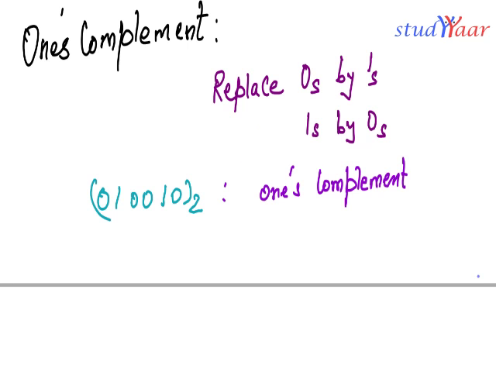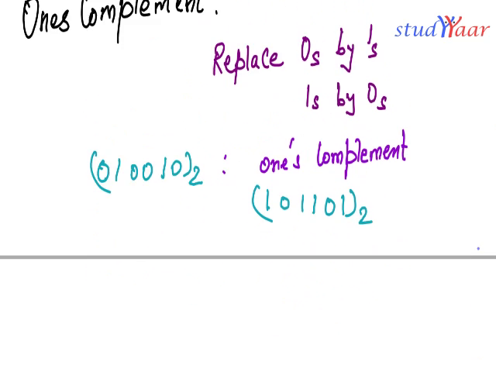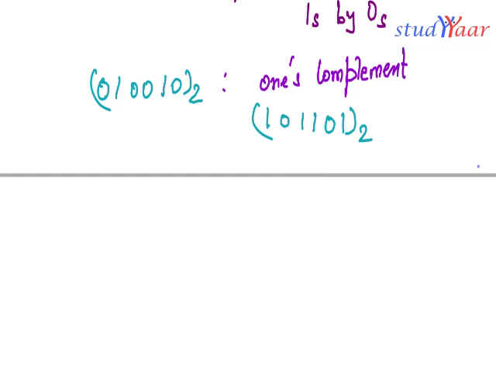So what I'm going to get is 101101. 0 is replaced by 1, 1 is replaced by 0, 0 is replaced by 1, again 0 is replaced by 1, 1 is replaced by 0, and final 0 is replaced by 1. Okay, so this is the ones complement of a number.